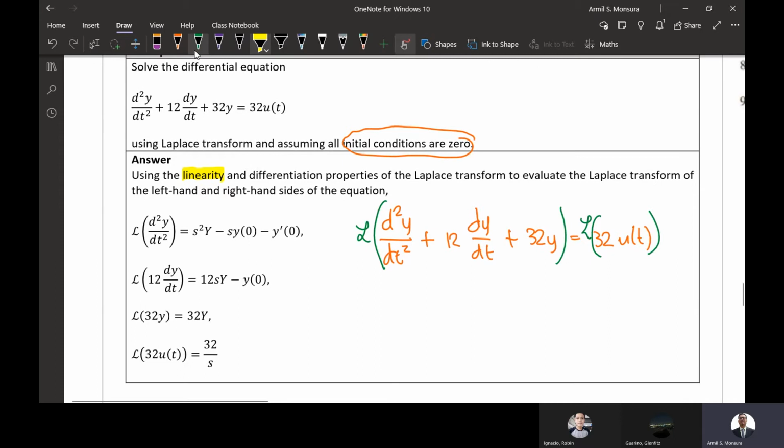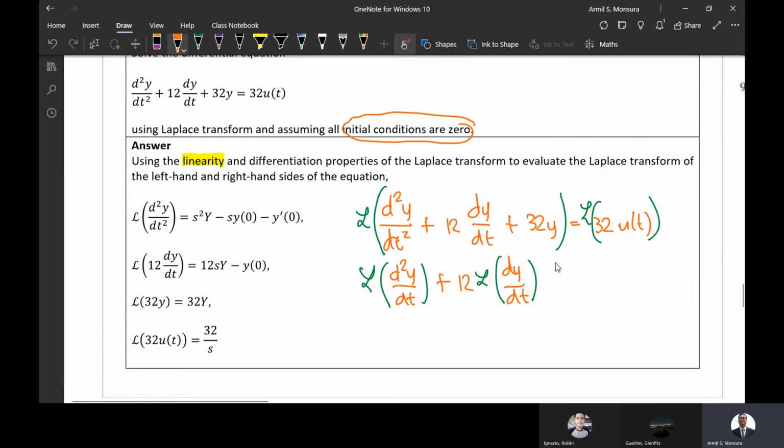So, pwede nating isulat yung operation as the Laplace of the second derivative of y with respect to t plus the Laplace of, or naka-12 ito, no? So, ilalabas ko muna yung 12. Tapos, kukunin ko yung Laplace transform ng first derivative ng y with respect to t.